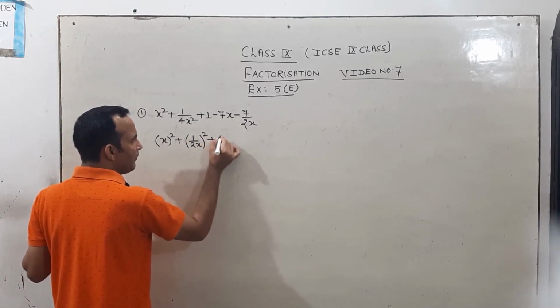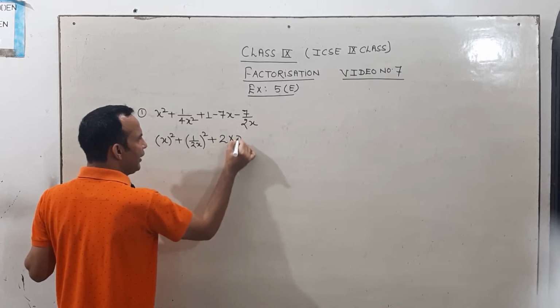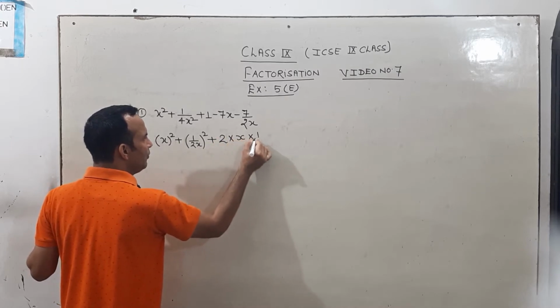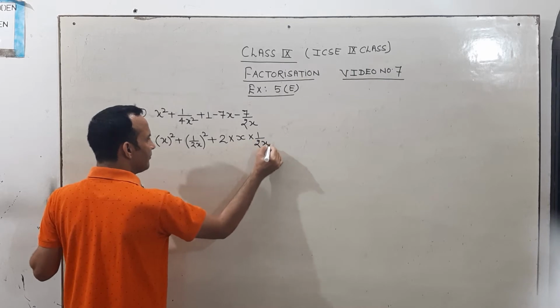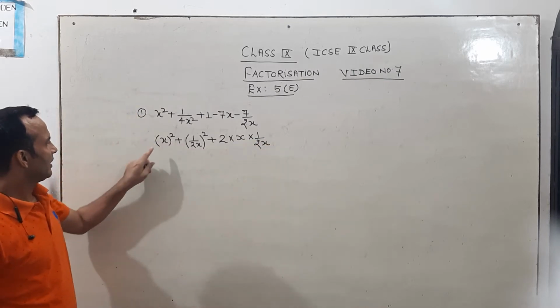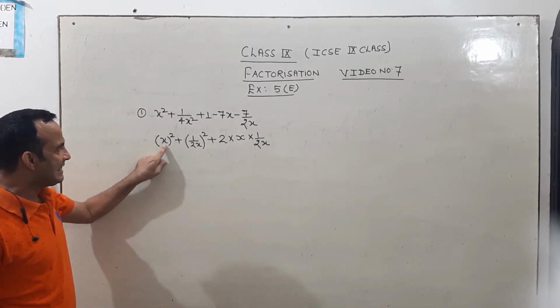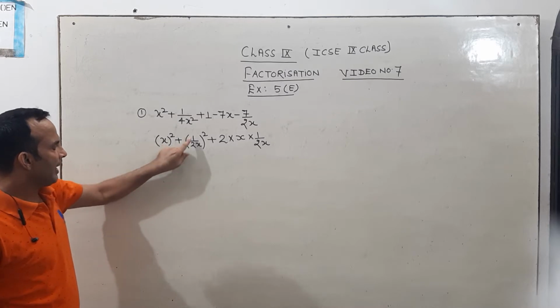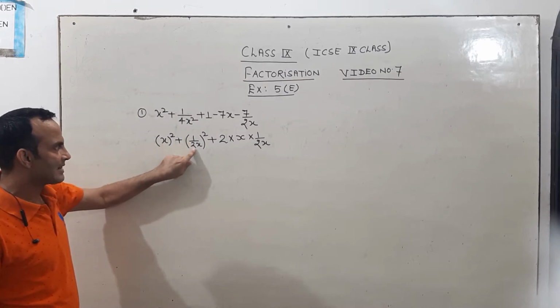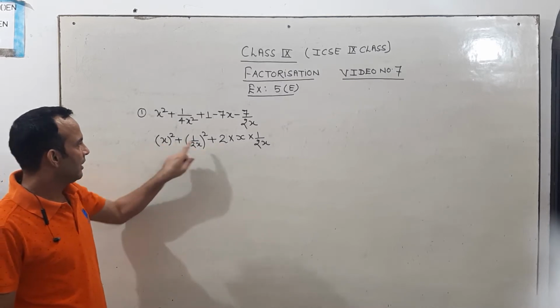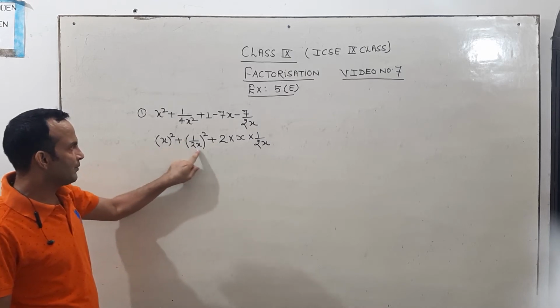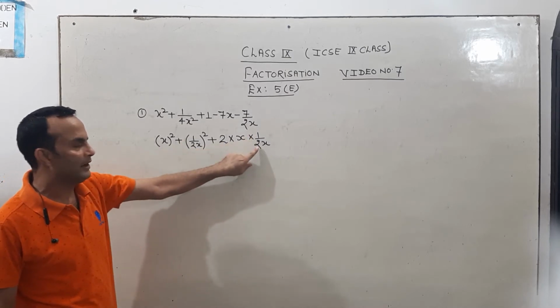Now plus 2 into a into b. You can see x is considered as a and 1 upon 2x is considered as b, then a square plus b square plus 2ab.